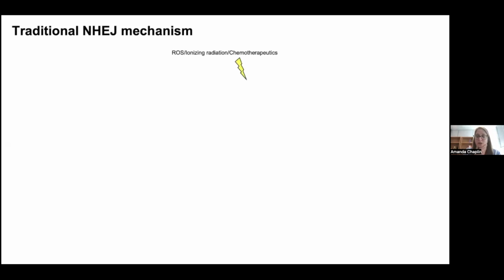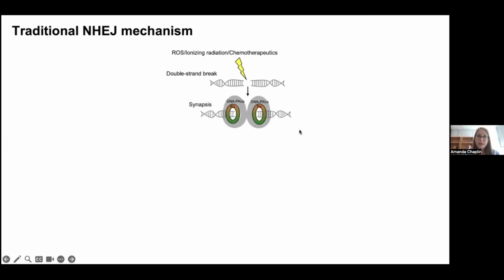So it's thought that these double-strand breaks can occur through ionizing radiation, reactive oxygen species, chemotherapeutics, that cause the double-strand break. The first step in repairing this is called synapsis, where a protein called Ku, shown here in kind of orange and green, recognizes the double-strand break and binds onto it.